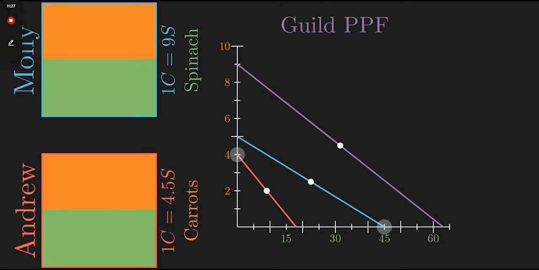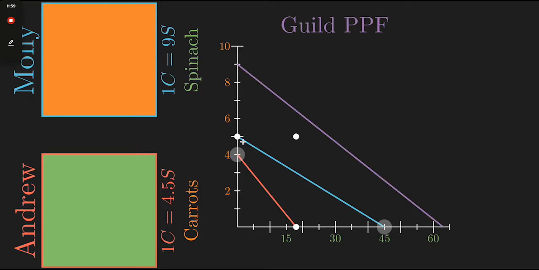But according to the guild, we can't make different crop choices. So Molly says, what if we actually do? What if we decide to break the guild and allow us to make different crop choices? So let's first say both farmers choose to do the thing they have the higher opportunity cost in. That looks like this.